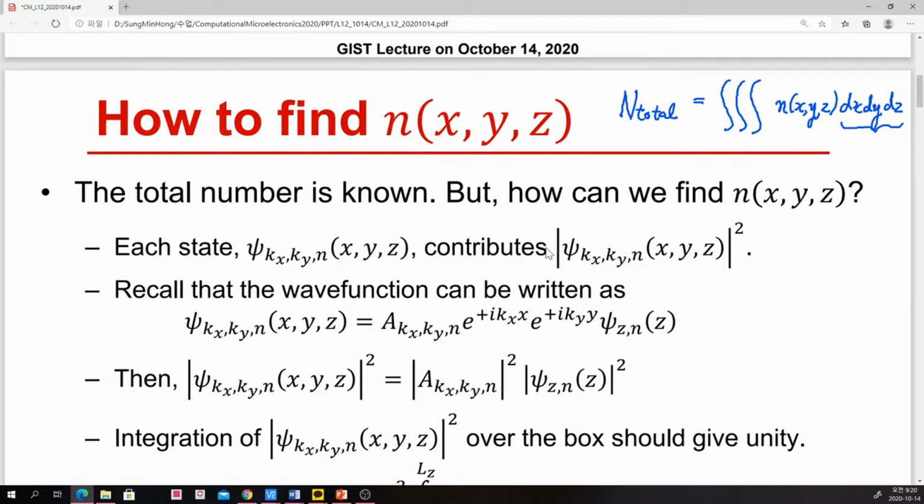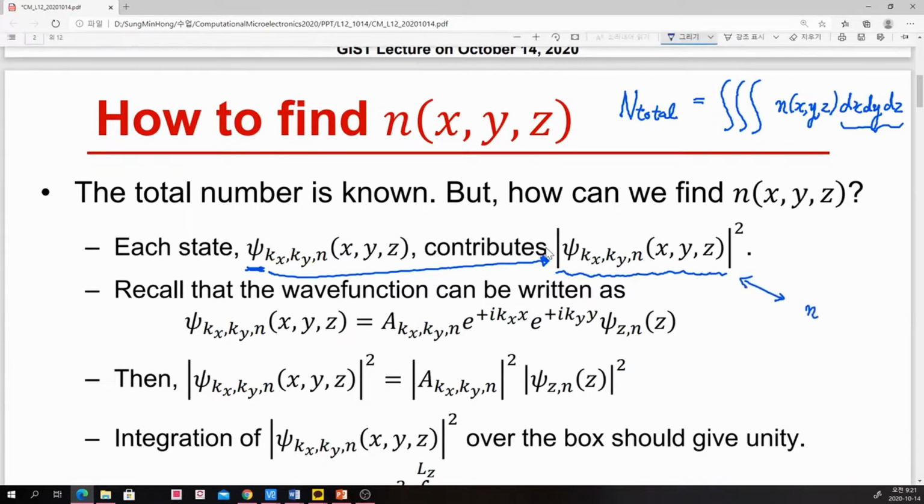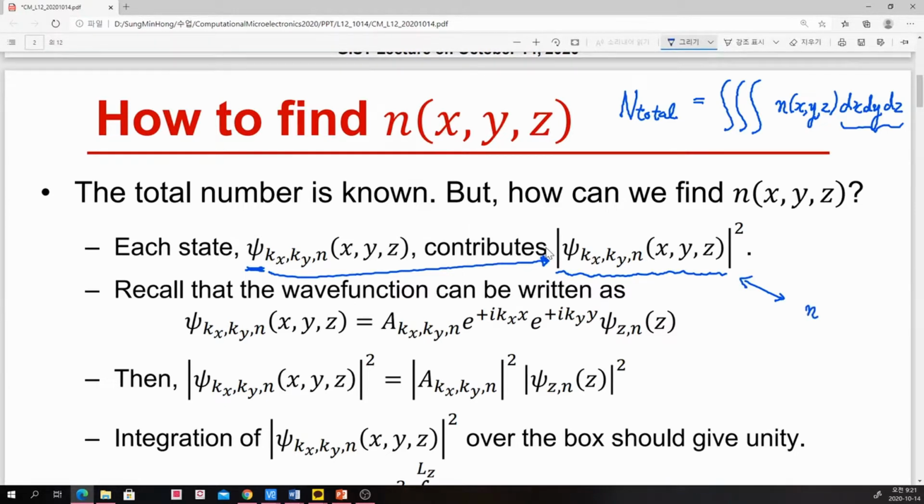So in this case, it is clear that since our wave function gives a certain probability density function to find our electron, this one will be related with electron density significantly. That is quite a natural consequence.